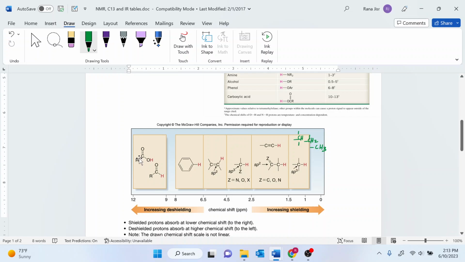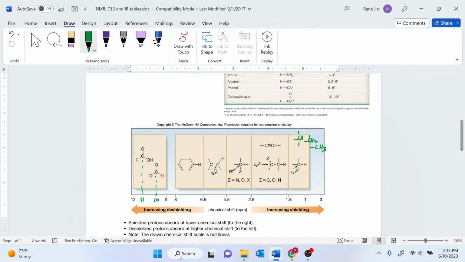Now, aldehydes and carboxylic acids are the only carbonyls that are going to show in the proton NMR because these are the ones that have hydrogens. The aldehyde is going to show at around 10 parts per million, and the acid is going to show at 11 parts per million.